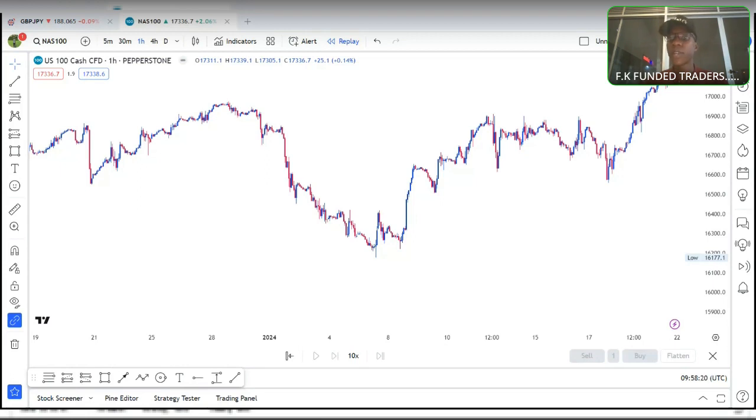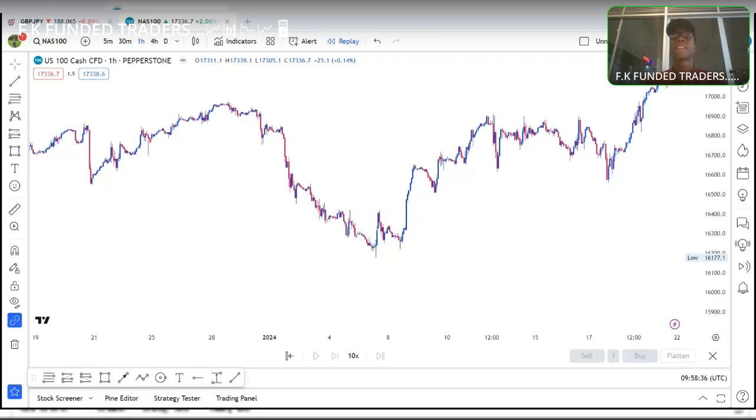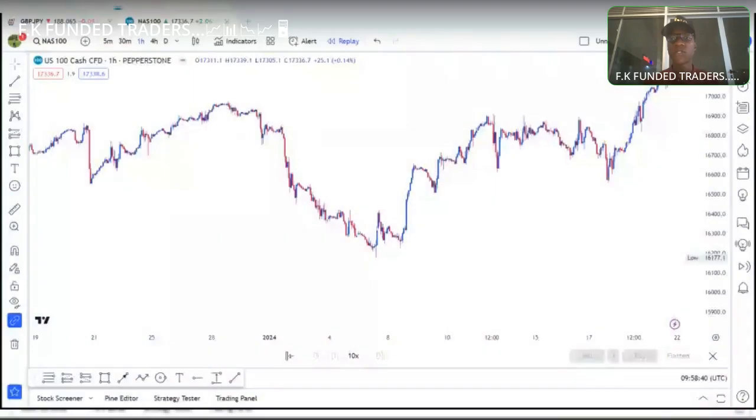There are some pairs that are going to respect 0.5, most of the time GBP, USD and others, other pairs that are going to respect 0.7, and even pairs that are going to respect 0.6 mostly. So last on that point, you have to put this under your notes.